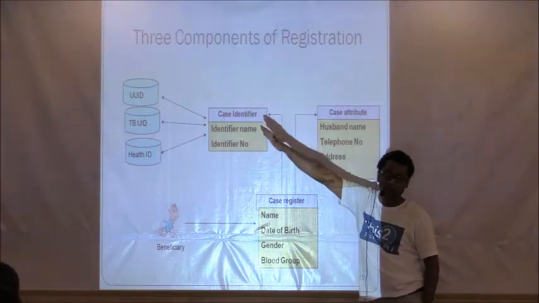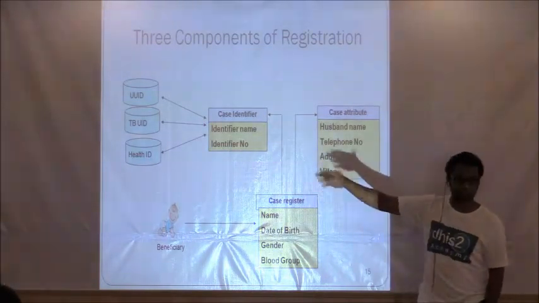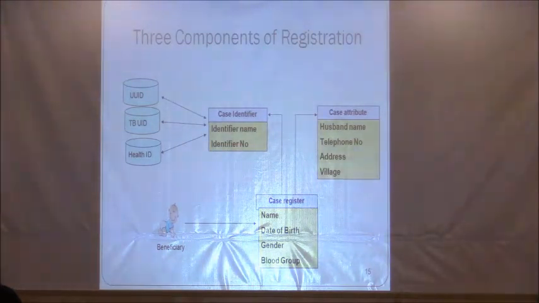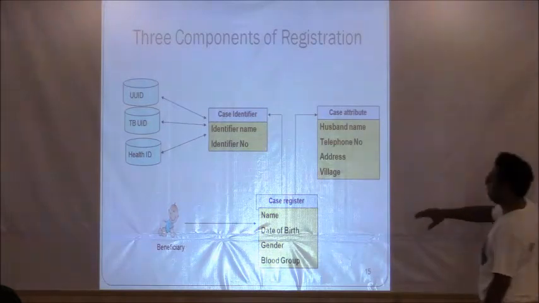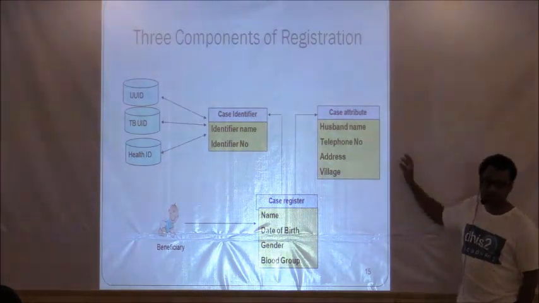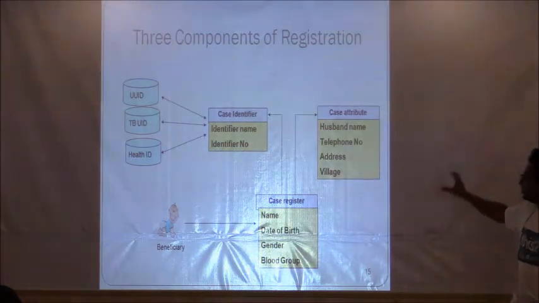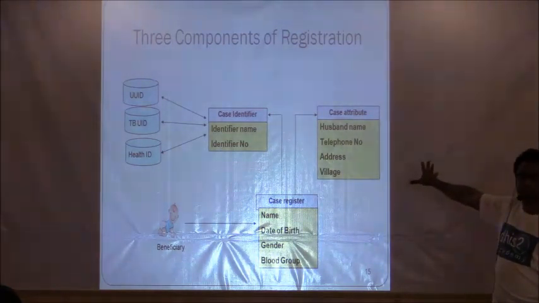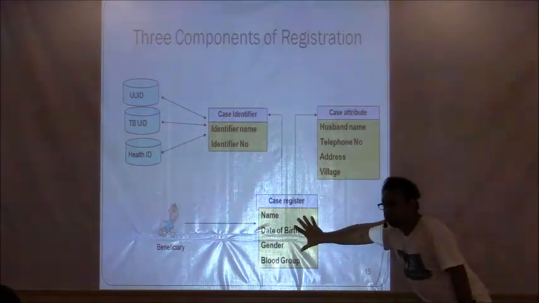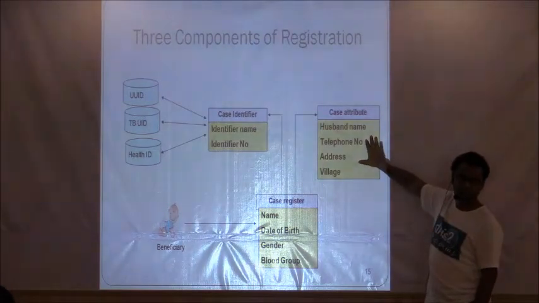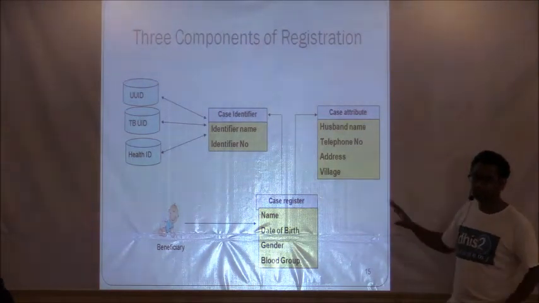An identifier can link to different things, for example UUID in India, TB health ID, national ID, that's an identifier name and number. And then you have all your attributes: telephone number, husband's name or father's name, village, and everything can be an attribute. Fine?